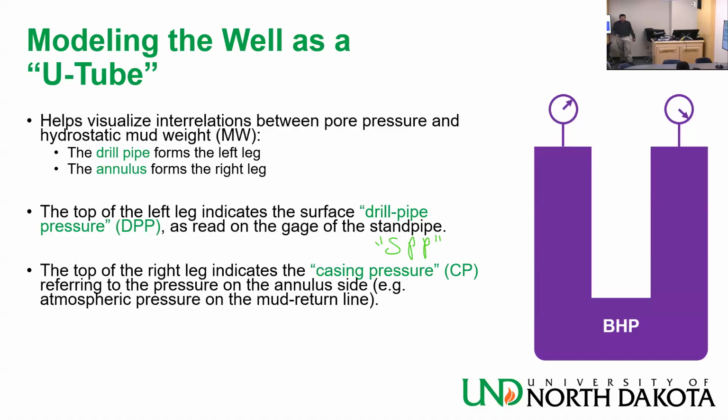Now, there is a case where you have more than one fluid on either side. You may have 2 fluids in the annulus and 1 fluid in the drill pipe. You may have the opposite. It's still applicable. It's just more complicated equations. You may have 10 fluids, each with a different density.